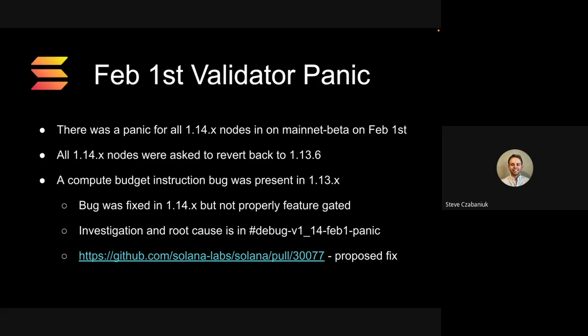It was a compute budget instruction, and that was allowable in 1.14. Eventually somebody submitted a transaction. Zantetsu was actually the leader, funny enough, and that caused the divergent behavior, and so all those nodes forked off.